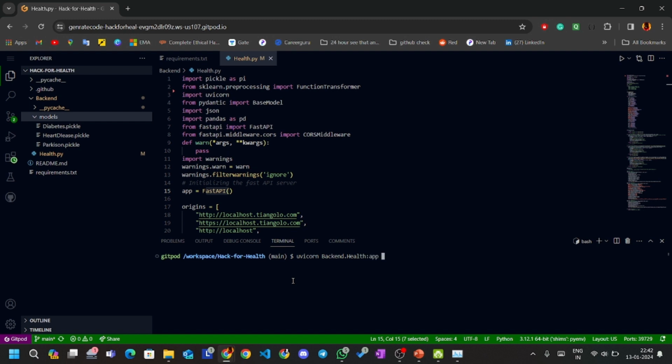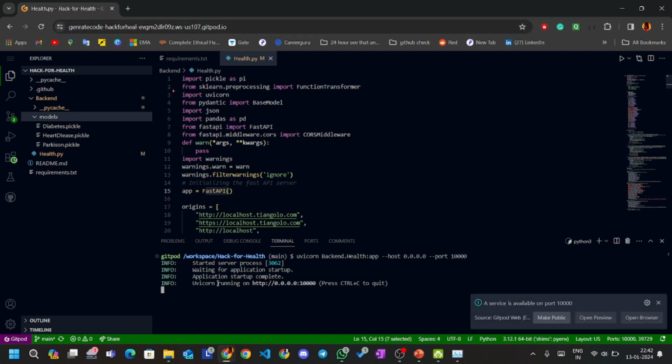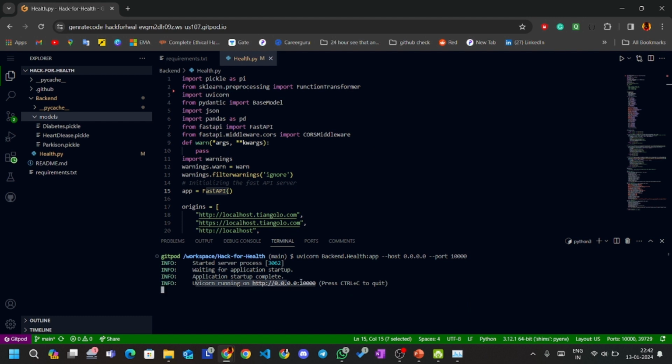Let's run the app with host 0.0.0.0, a public IP address, and port 10000. It ran successfully, and the code is public. The backend is now running.